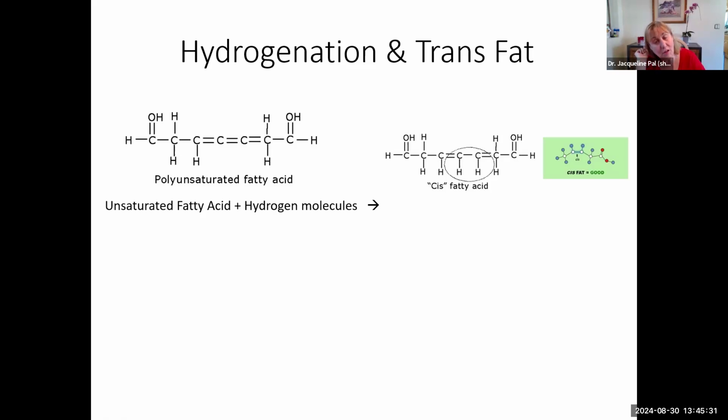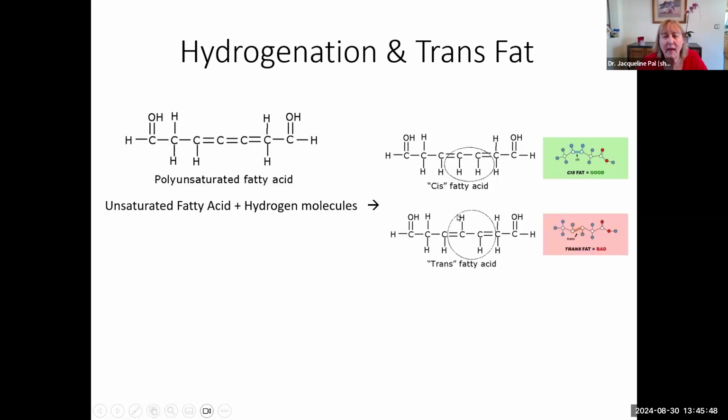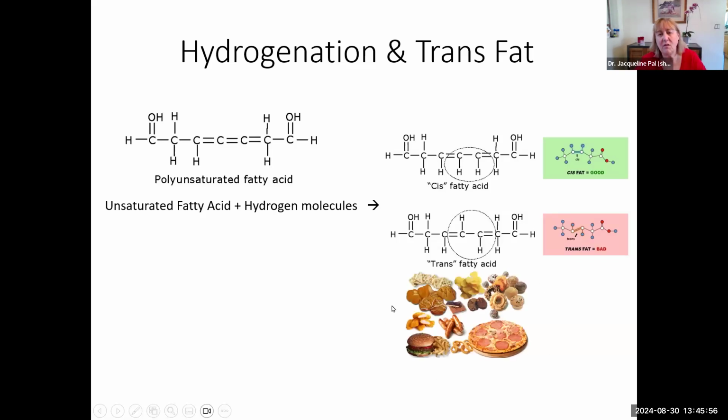That should be a clue as to why they're not good for you. Notice we broke this one double bond and the two hydrogens appeared on the same side. In a trans fat, when we broke that bond, the two hydrogens were on opposite sides. That's the trans fat. Here are the foods that contain trans fats.